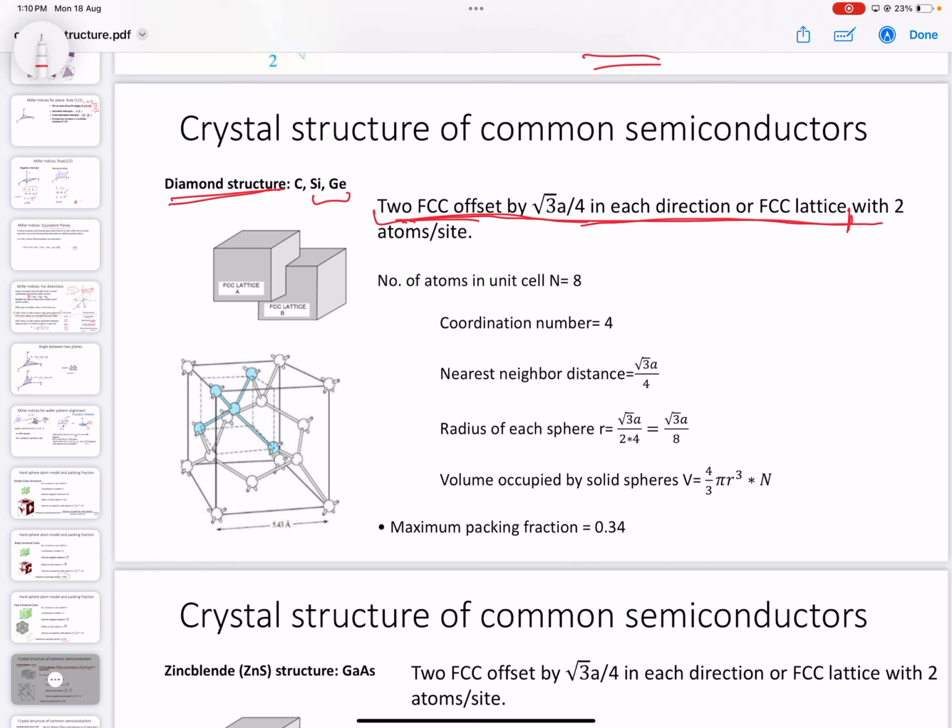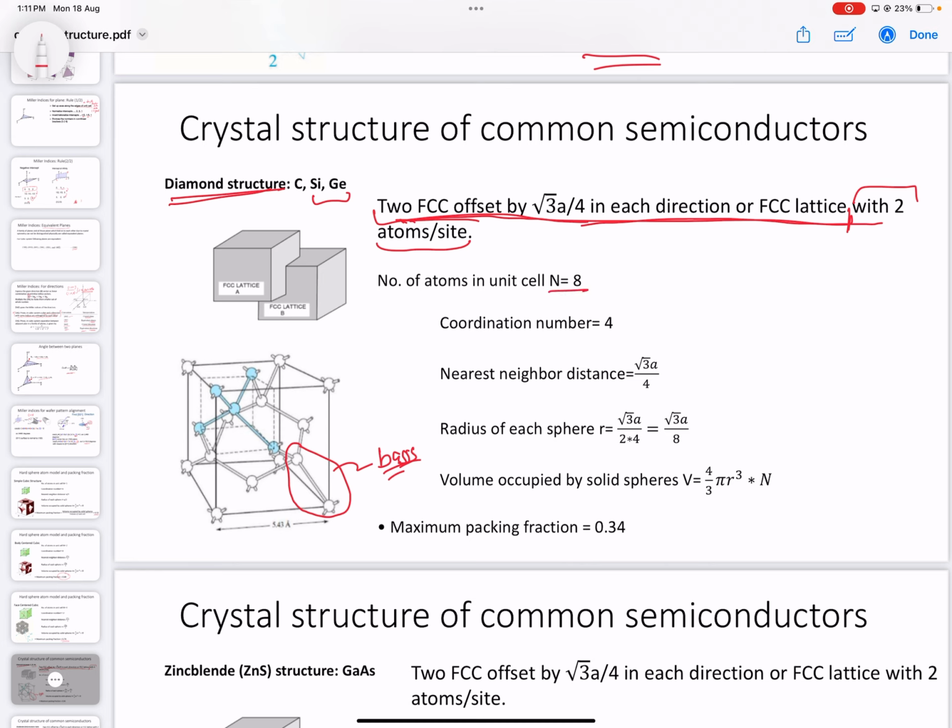The other is you take an FCC structure and on each point in the FCC lattice you put two atoms. If you put it this way, you reconstruct it. This is the basis. So there are two equivalent ways of imagining how you construct silicon or germanium, right?